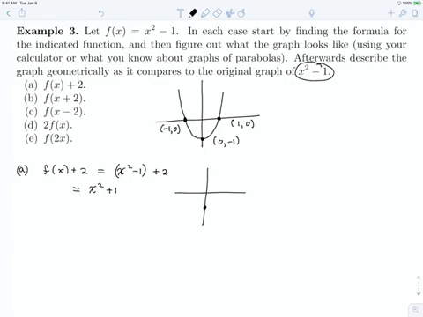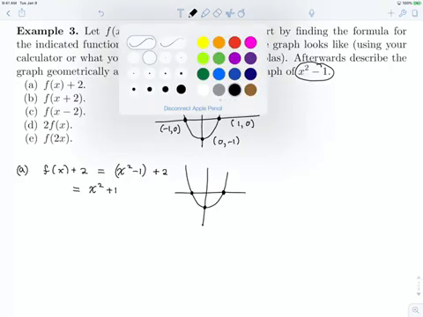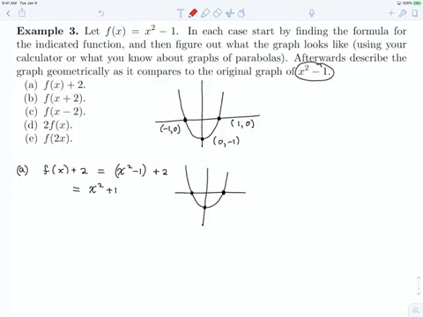So I'll start by drawing the original parabola again, starting at -1. And now I'll draw a new parabola, and the y-intercept is going to be at +1 because of the plus 1 in my new formula. So that y-intercept moved upwards. The parabola still opens up.